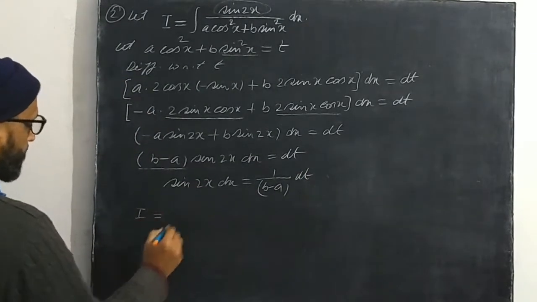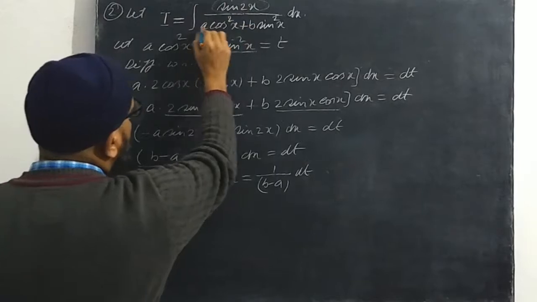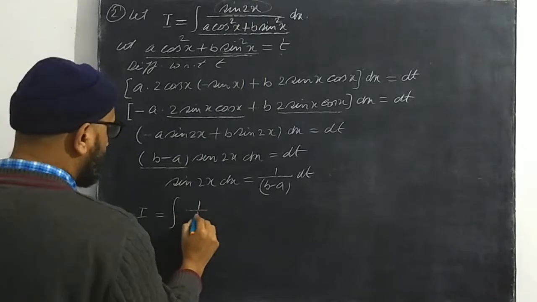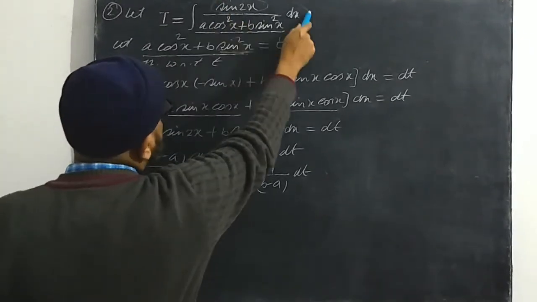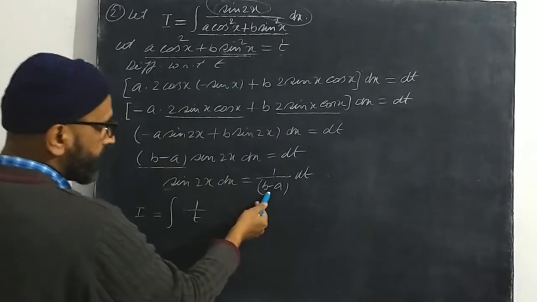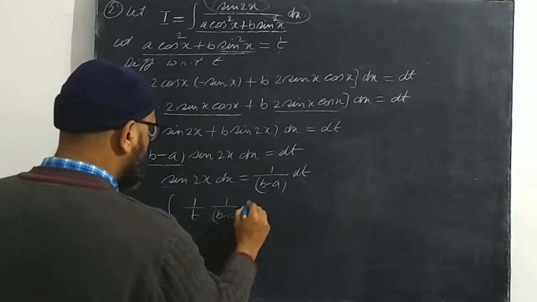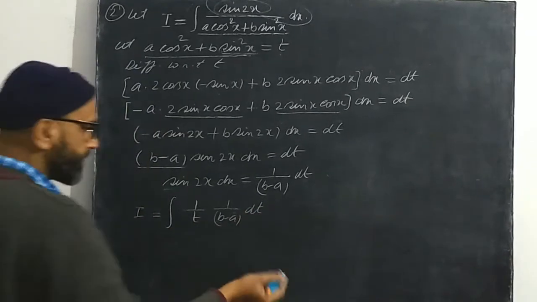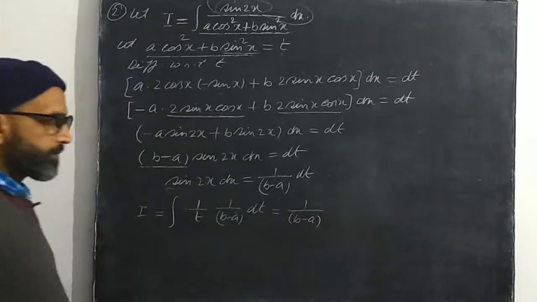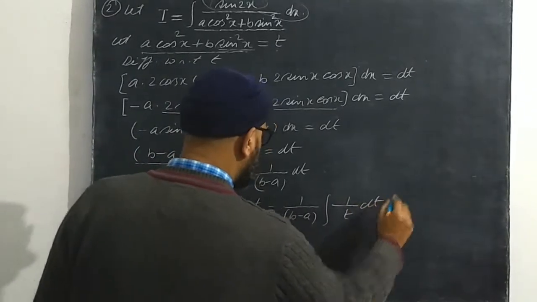So by this substitution, our integration becomes the integral of 1 upon t, as we have assumed the denominator equal to t, and the rest is sin 2x dx. Sin 2x dx we have by this substitution, that is 1 upon b minus a dt. Since 1 upon b minus a is a constant, we may take it out of the integration. So 1 upon b minus a, and in the integral what remains is 1 upon t dt.